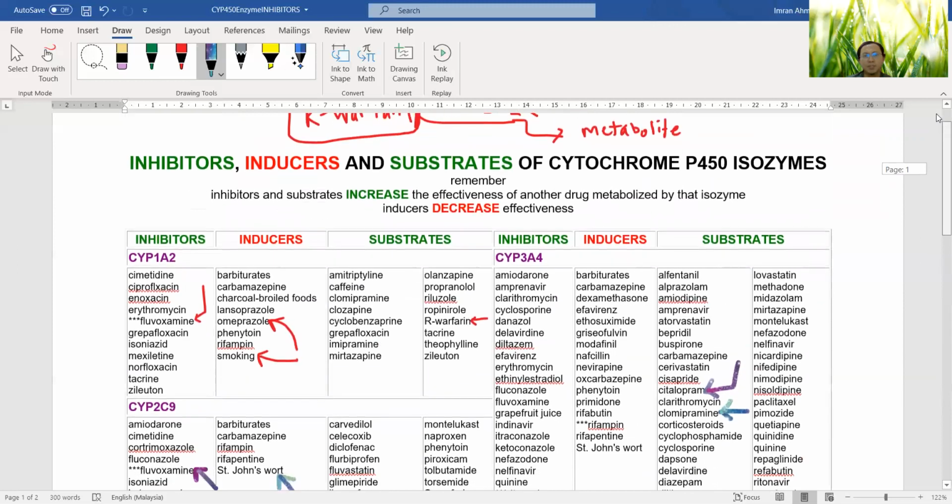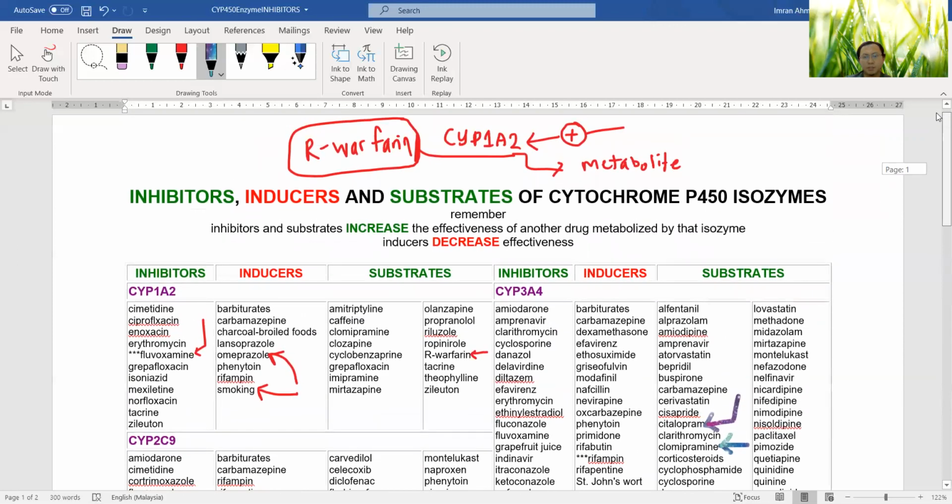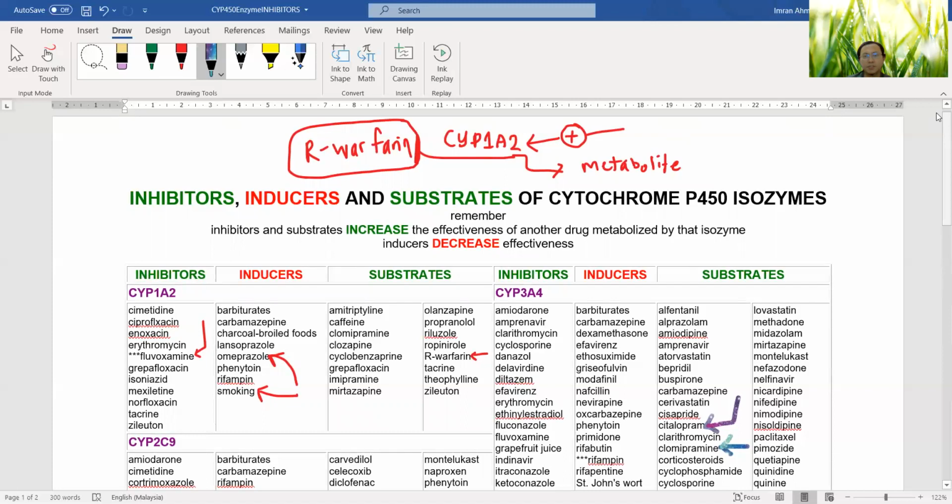For example, if the patient is on alfentanil, an opioid, and then you give the patient fluvoxamine, an inhibitor of CYP3A4, the effects of alfentanil are going to be prolonged. A patient who is not having any toxic effects of alfentanil might develop toxic effects.